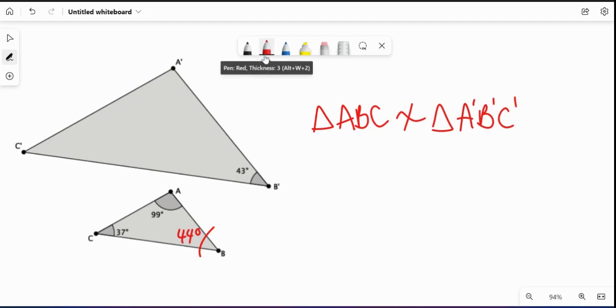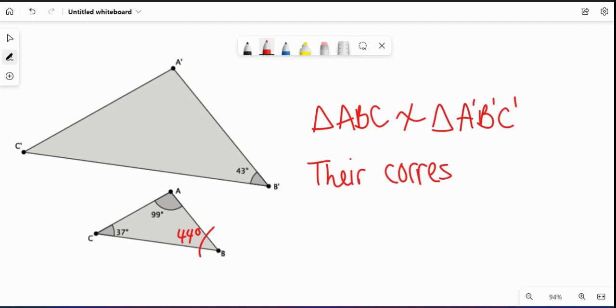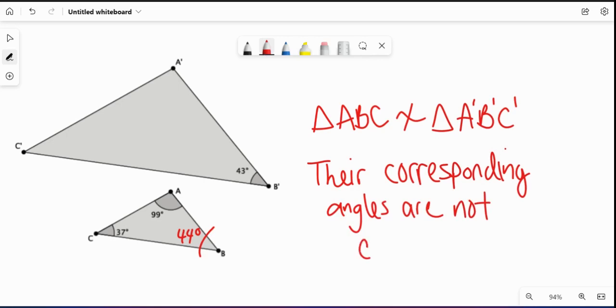And if you want to provide a reason, their corresponding angles are not congruent. All right, so that would be a nice little explanation to show why they are not similar, because these angles are not the same.